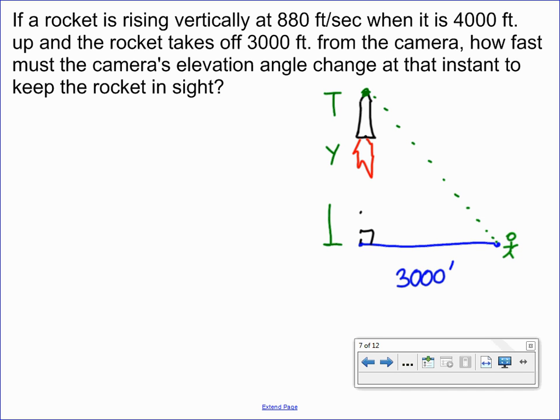And we now have to write down our known rates and what we're trying to find, based on the variables that we've chosen in our picture.